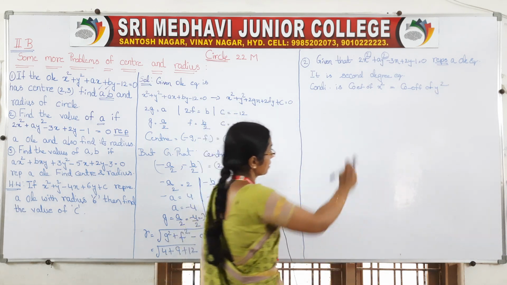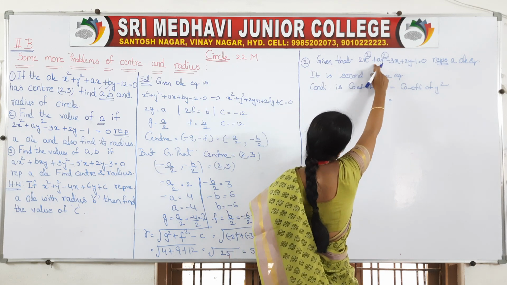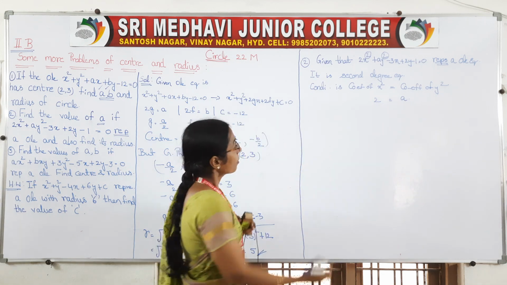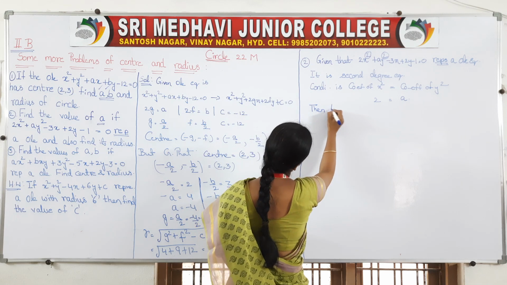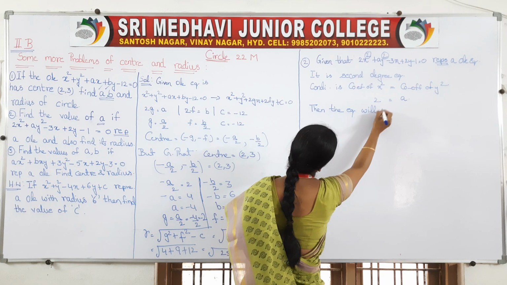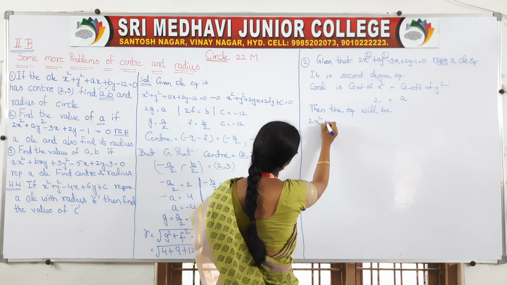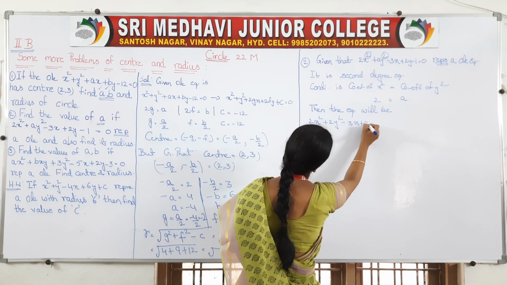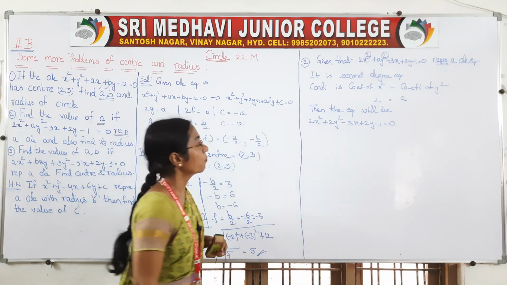See, the coefficient of x square is 2 and the y square coefficient is a. Then what will be the change in your equation? It is 2x square plus 2y square minus 3x plus 2y minus 1 is equal to 0.